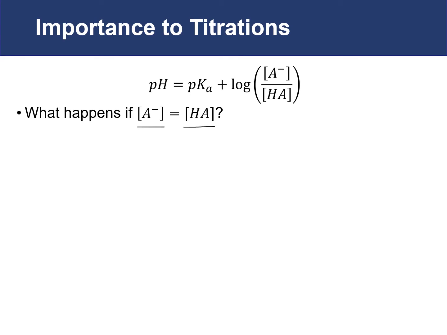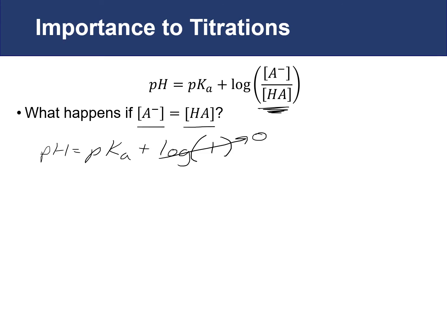If these two values are equal, then when we plug into the Henderson-Hasselbalch equation, the pH is equal to the pKa plus the log of the same number over itself, which is 1. The log of 1 is 0.